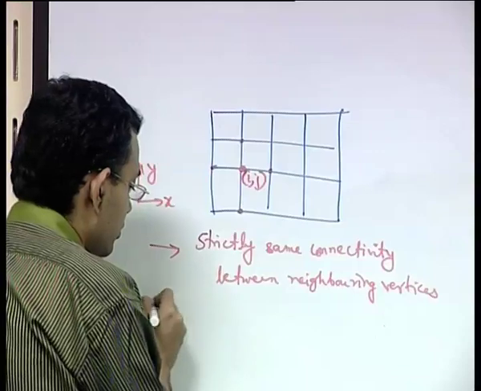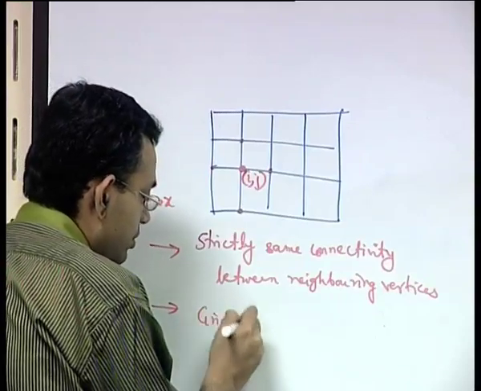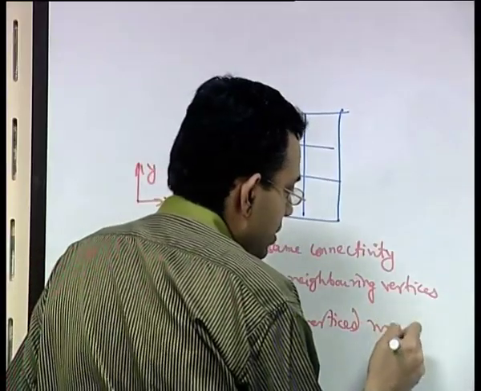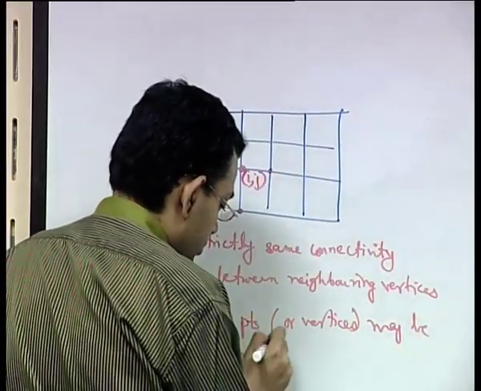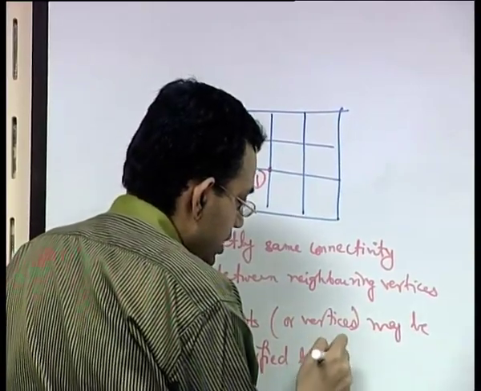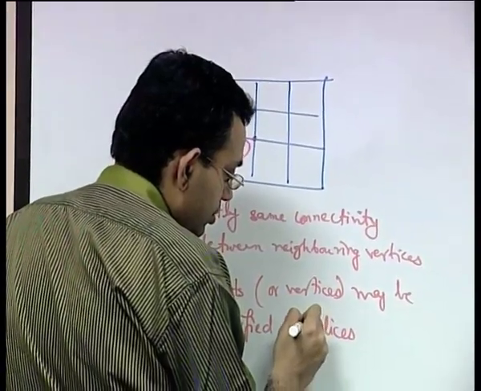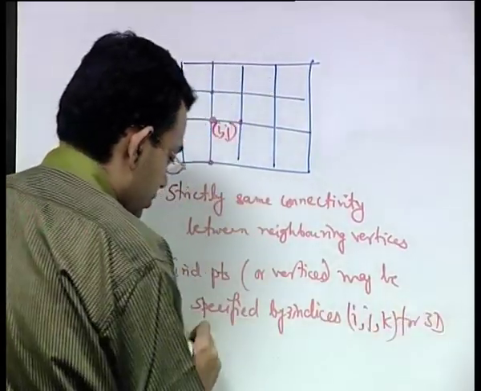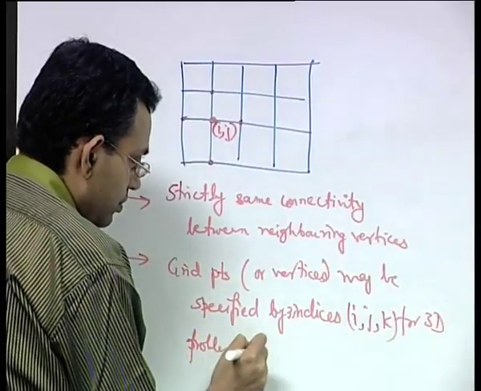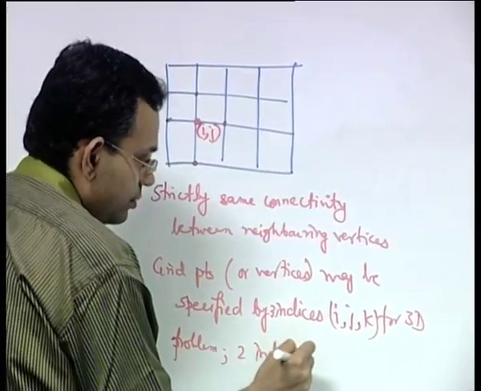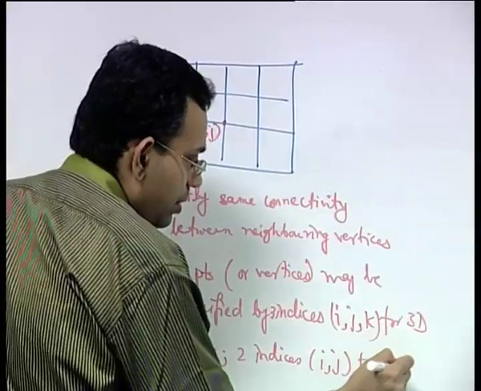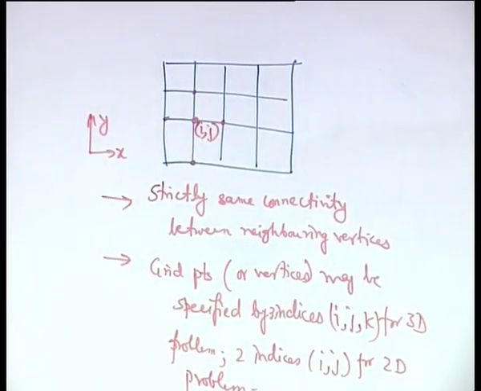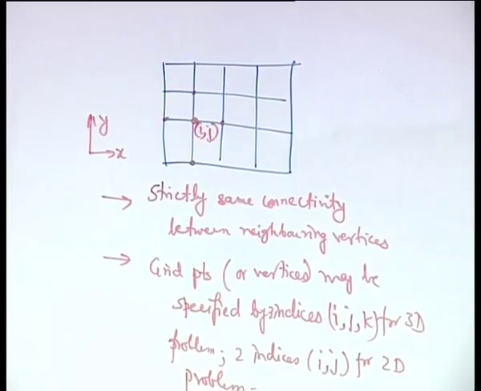So, grid points or vertices may be specified by 3 indices i, j, k for a 3D problem, 2 indices i, j for a 2D problem, and so on. So, this is one grid layout.